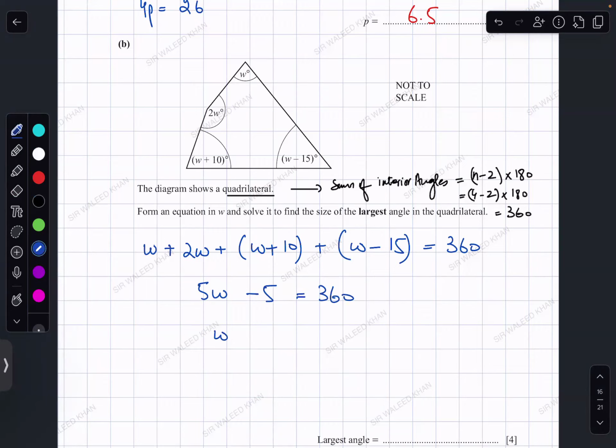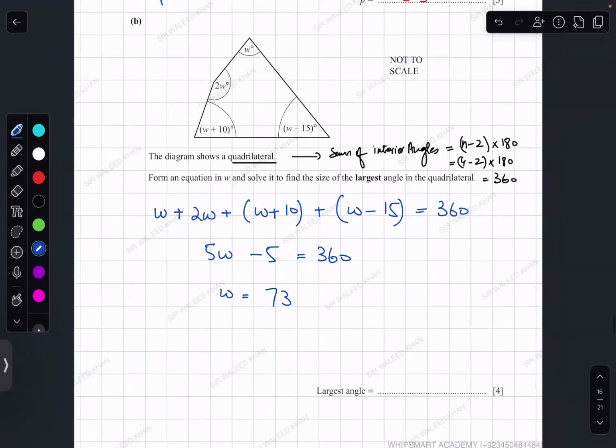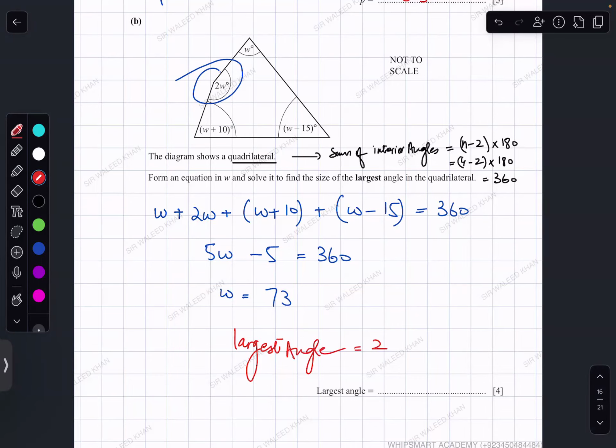So W should be 355 divided by 5, that is 71. Okay. So the largest angle over here is the one you can see over here, and that will be times W. So how many times W? 2 times. 146. Good.